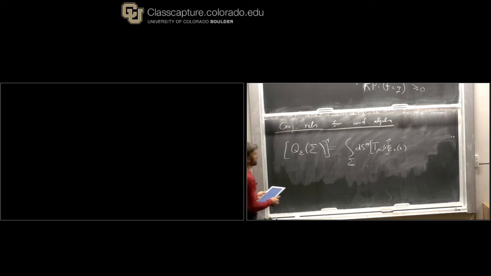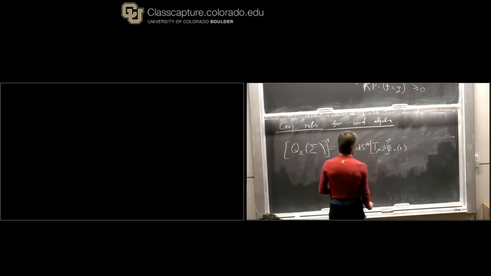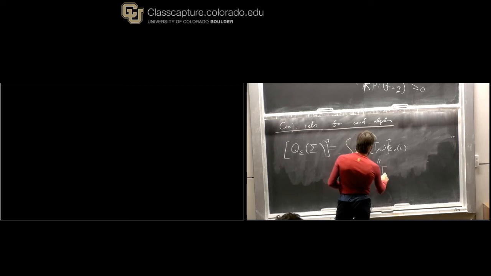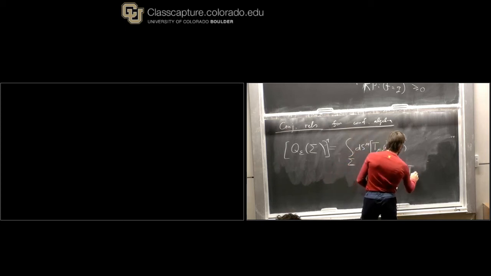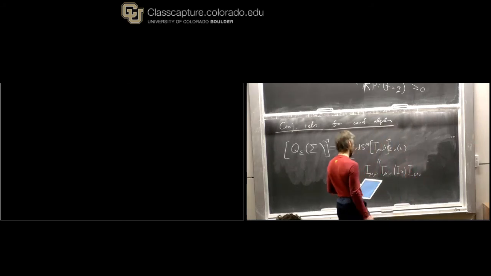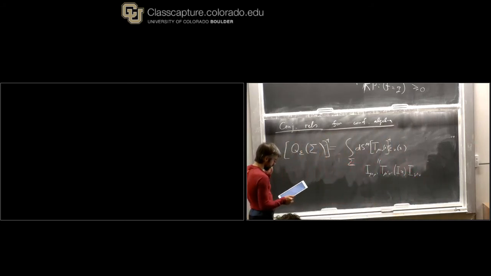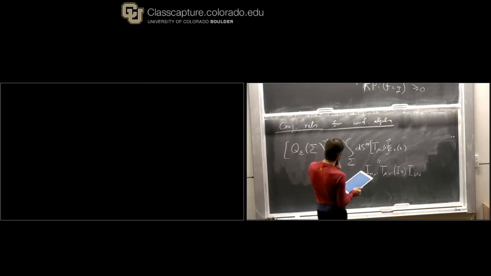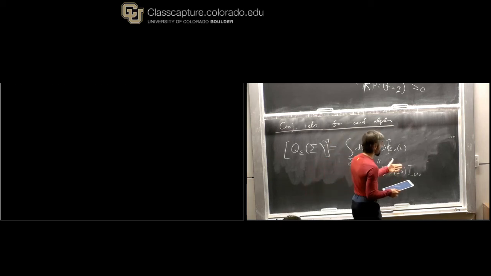So I know that the stress tensor Hermitian conjugation is just E mu mu prime T mu prime mu prime at the point Ix, and then E mu prime mu. And so what do I do now? Well, I just do a change of coordinates.